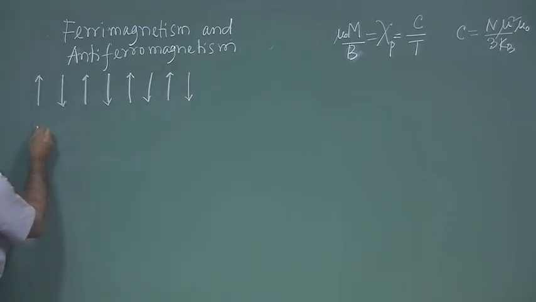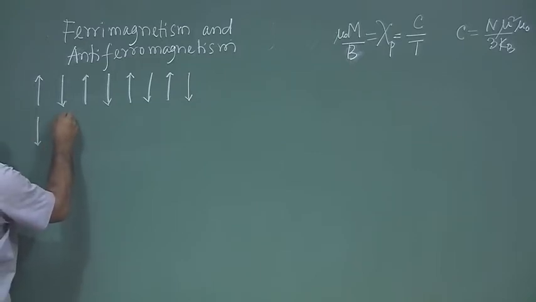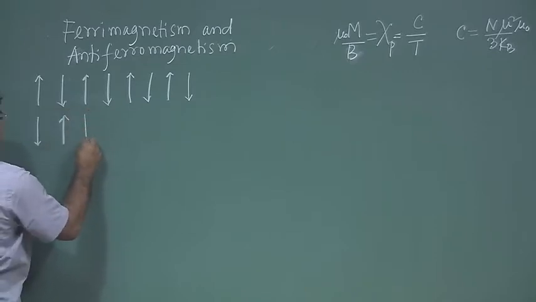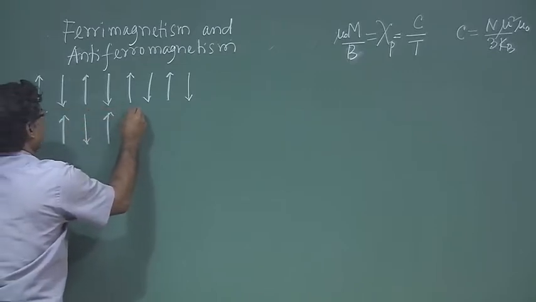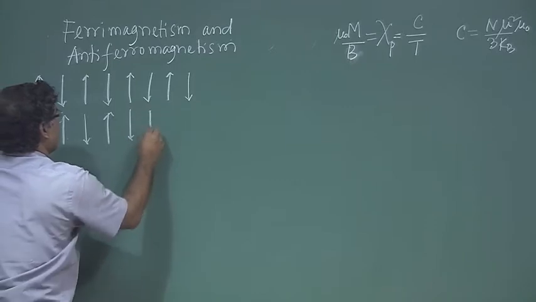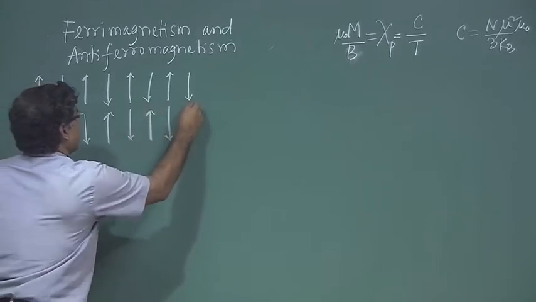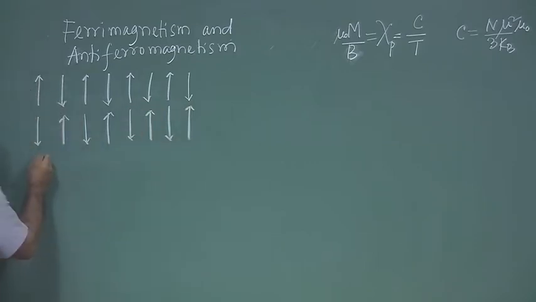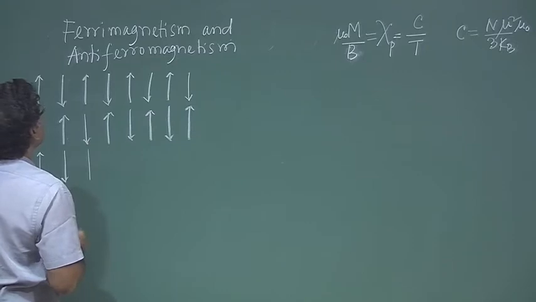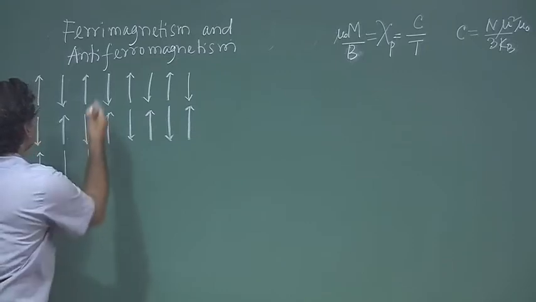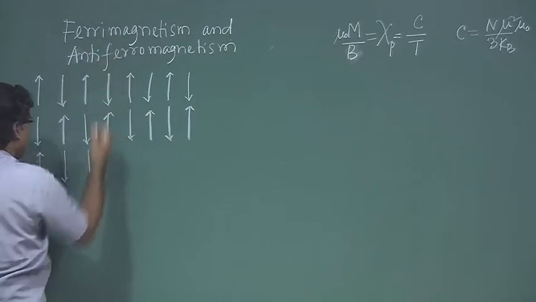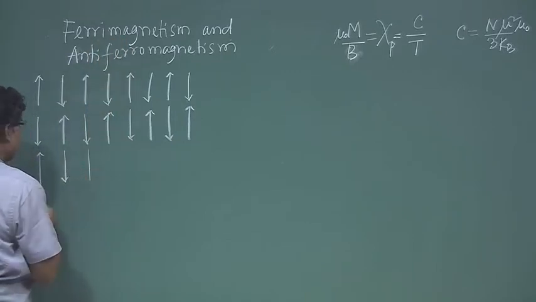This way one can show the lattice of this ferrimagnetic or antiferromagnetic spin alignment.